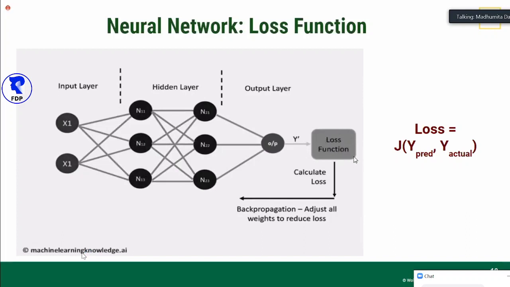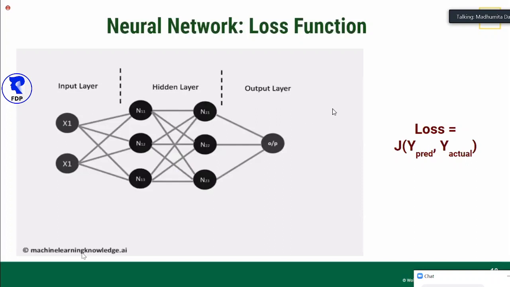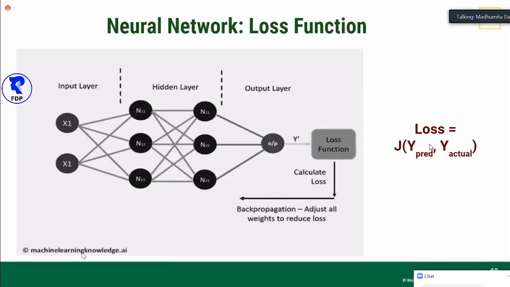Now that output is matched with the actual y value. So this is, say, the first iteration, the y predicted value is calculated, and then that is compared with the actual value using a loss function.